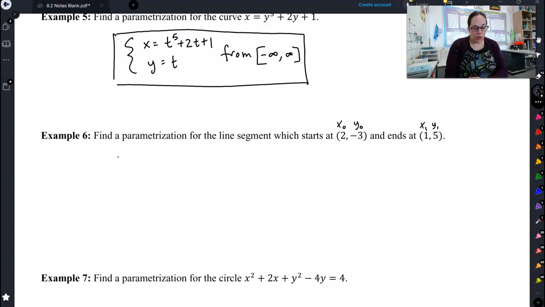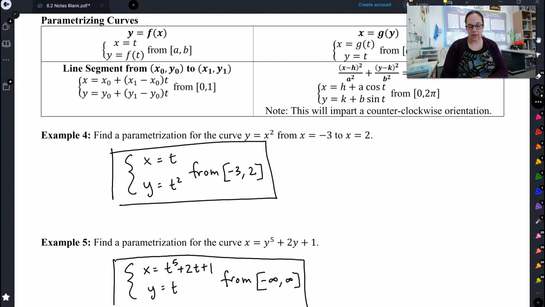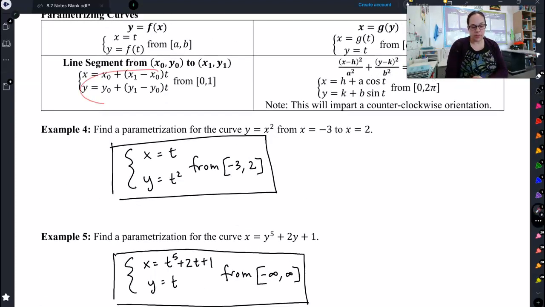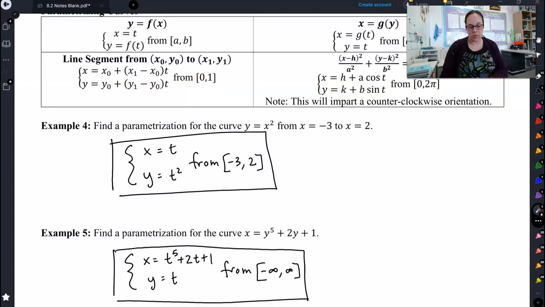Then all we have to do is plug these in to these equations here. So x equals our x naught point plus our x1 point minus our x naught point. And our y is y naught plus our y1 point minus our y naught point. And it's always from 0 to 1.